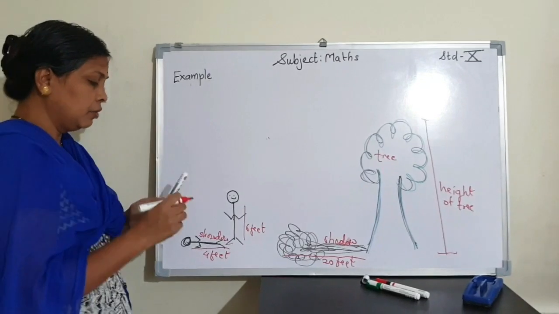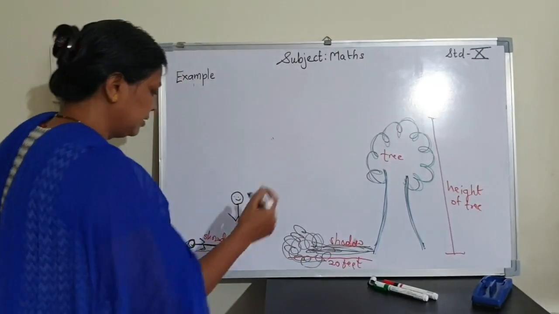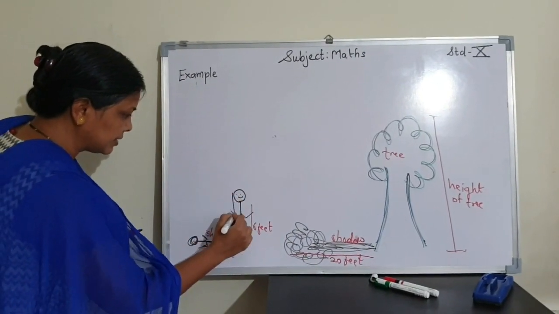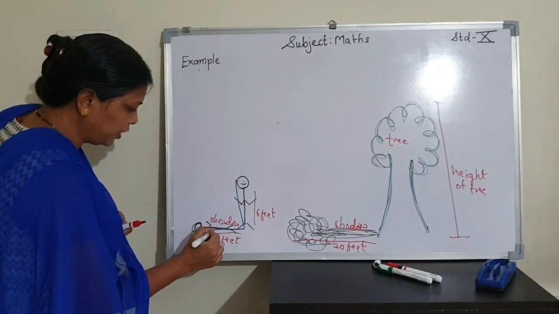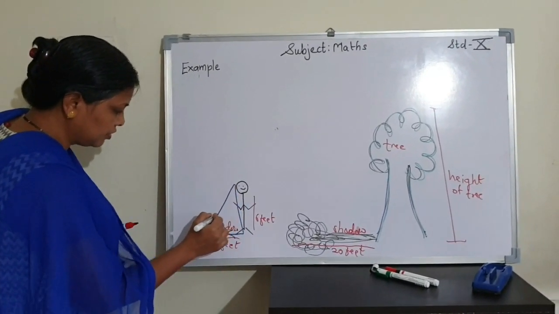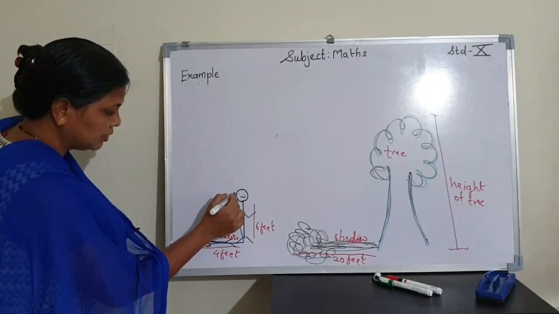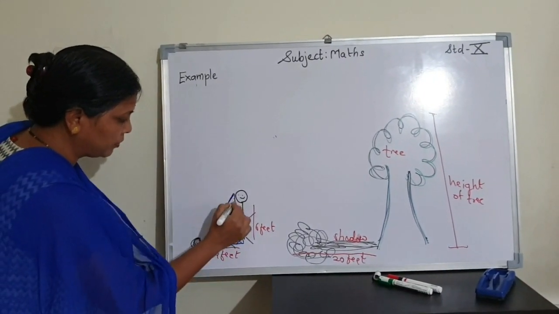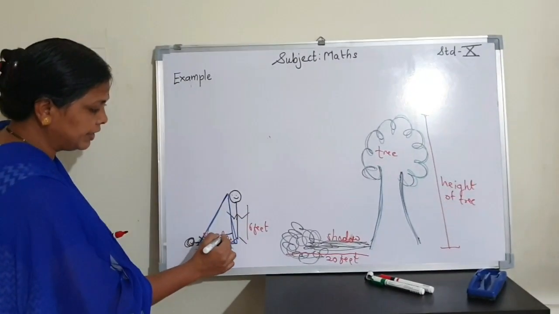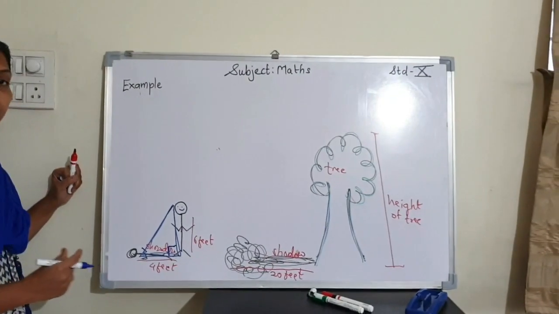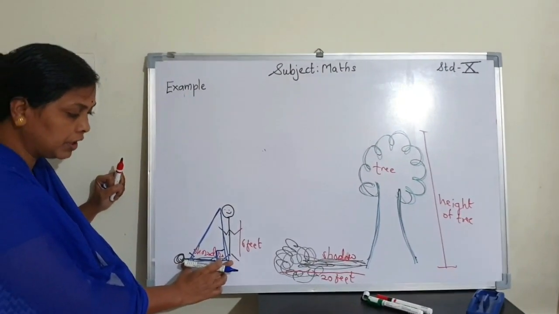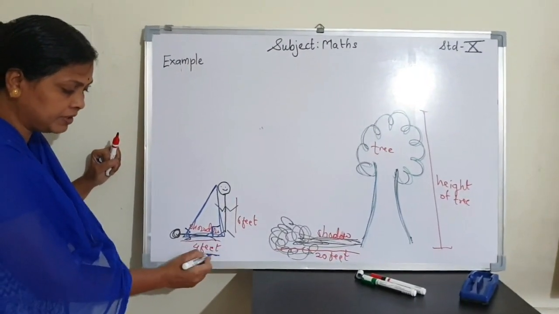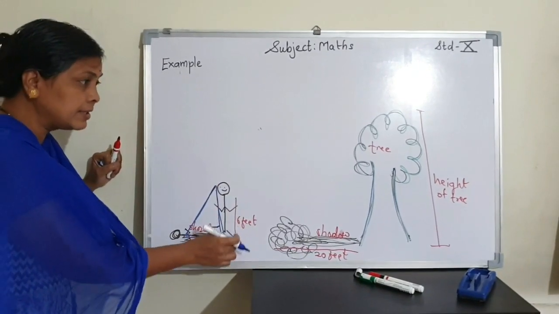So here we get 6 feet with 4 feet. If you see, we have formed a triangle here, and it is 90 degrees over here. This horizontal distance is 4 feet. This vertical distance is 6 feet.